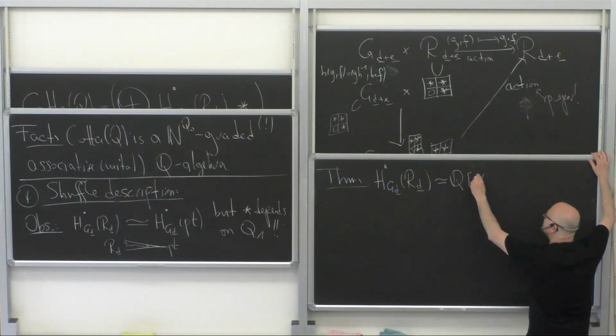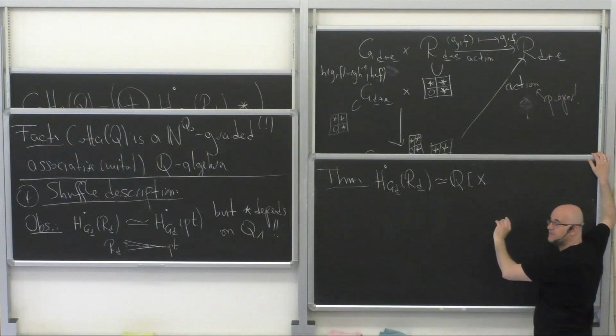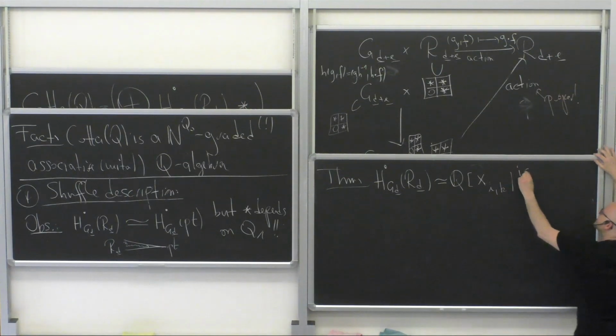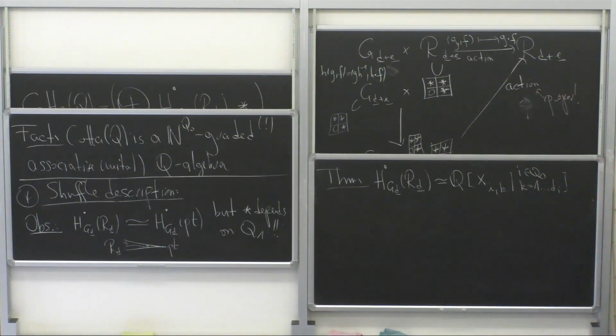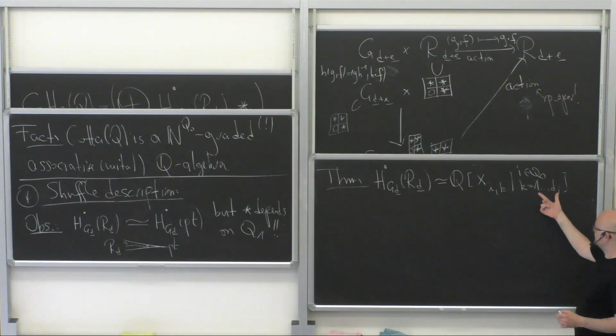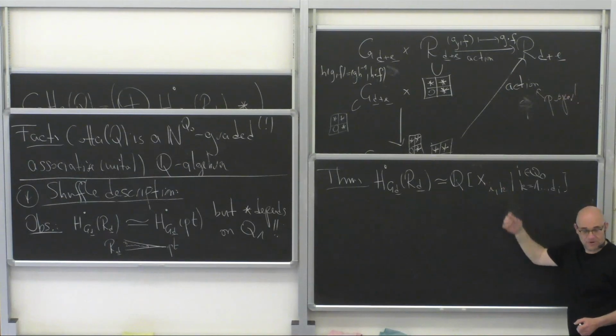You have a polynomial ring with generators x_{i,k}, where i runs through Q0 and k runs from 1 to d_i. So for every vertex i of your quiver, you have d_i variables, x_{i1} to x_{i d_i}.